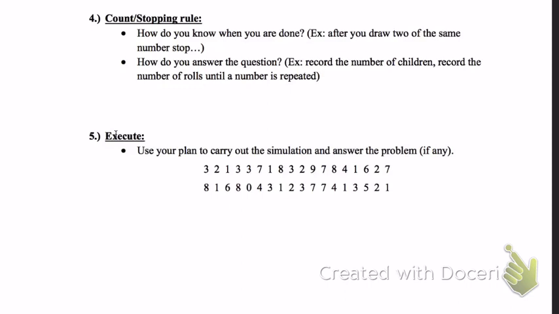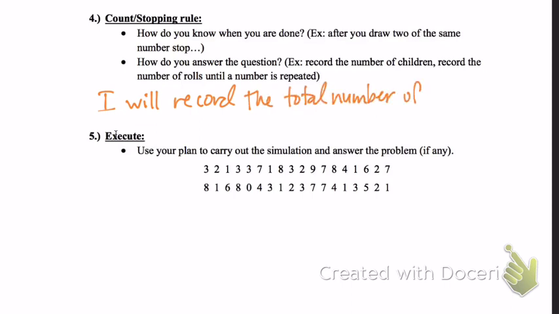What am I counting? Kind of like my response variable. I'm looking to see how many points I've earned. So I will record the total number of points earned. And then I am done.